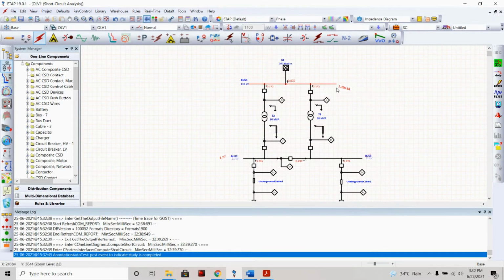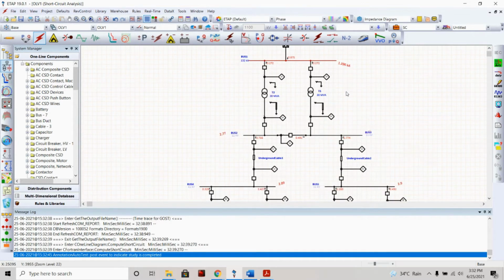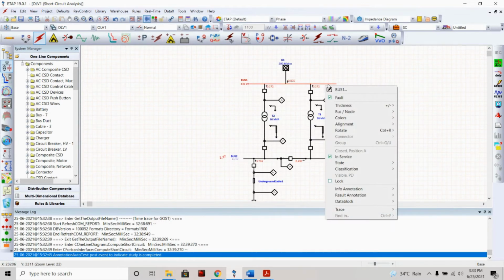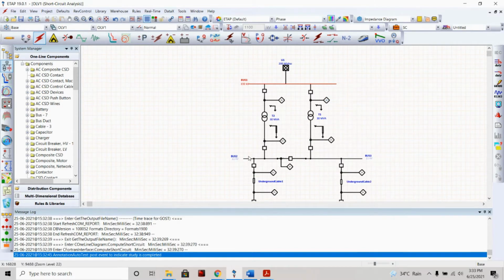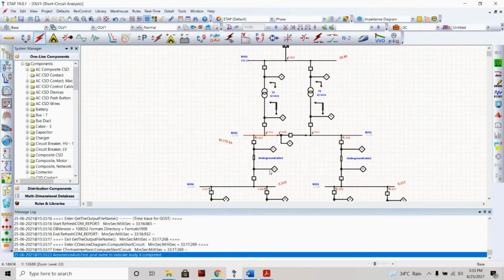So here, as we can see, when bus 1 has a fault, the fault current through bus 1 is 1.396 kilo ampere. For bus 2 having fault, the current is 16.175 kilo ampere along the bus 2 component.